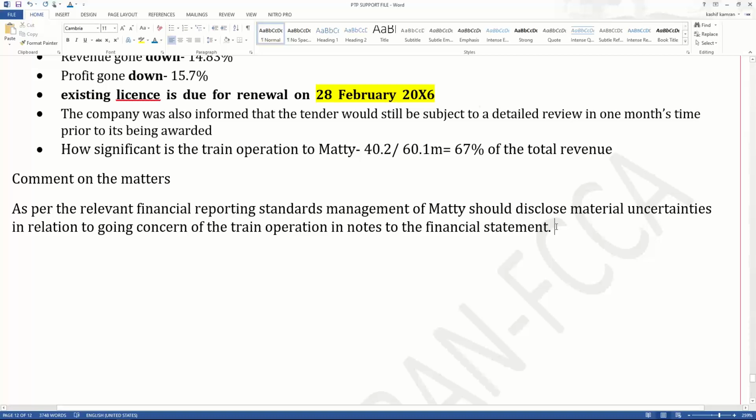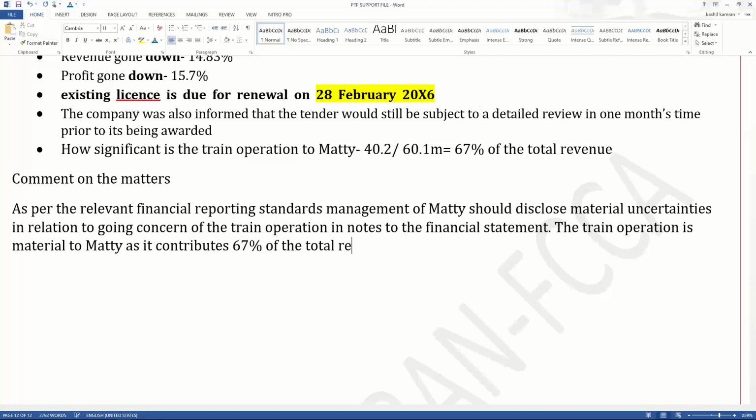Okay, then you tell the train operation is material to METI as it contributes 66% or 67% of the total revenue of the company.